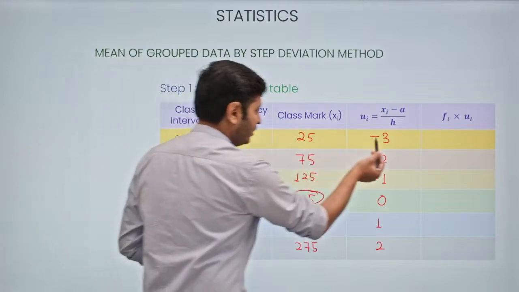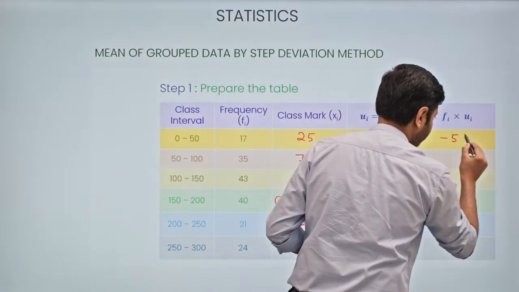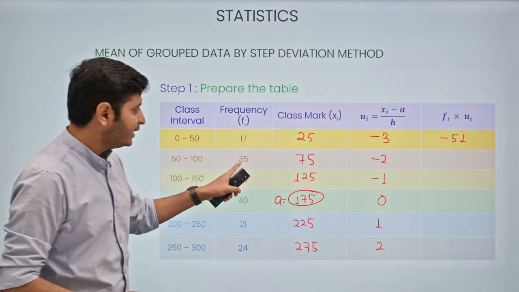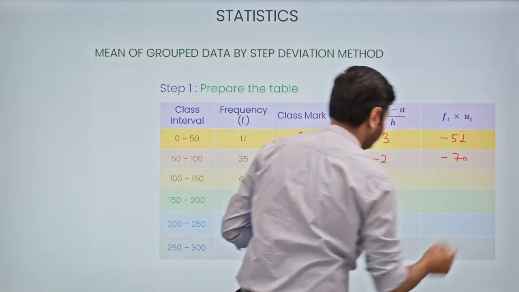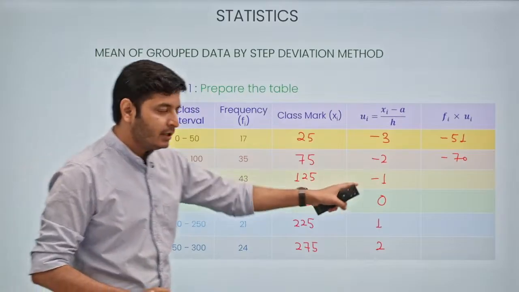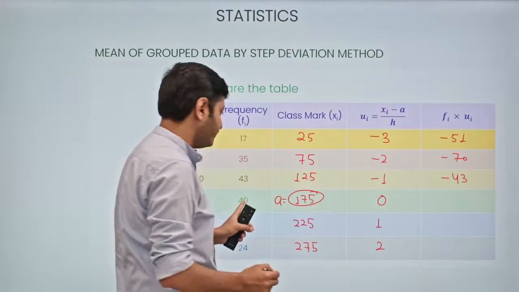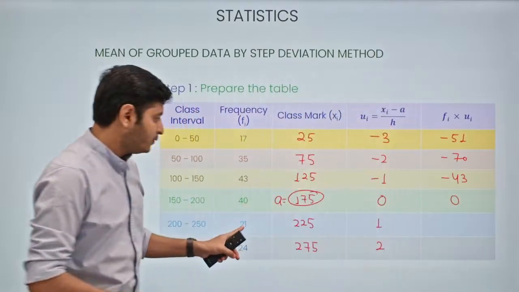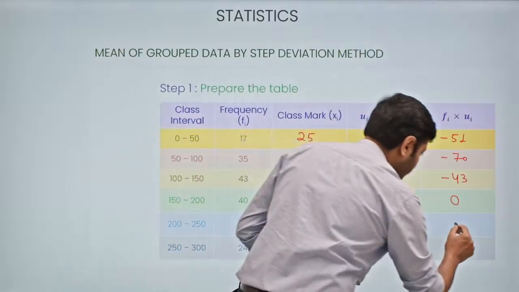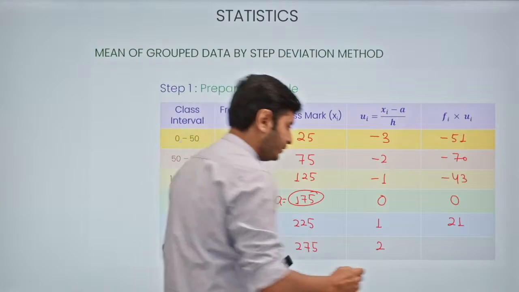So 17 into -3, -51, 35 into -2, -70, then 43 into -1, -43. Then we have 40 into 0, 0 only, black hole. Now 21 into 1, 21, and 24 into 2, 48.